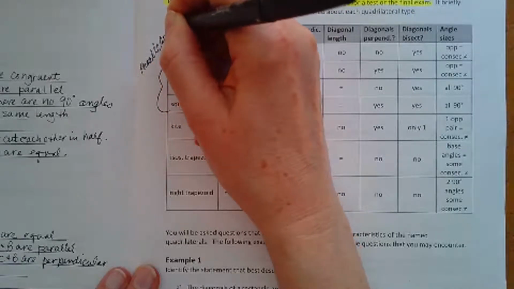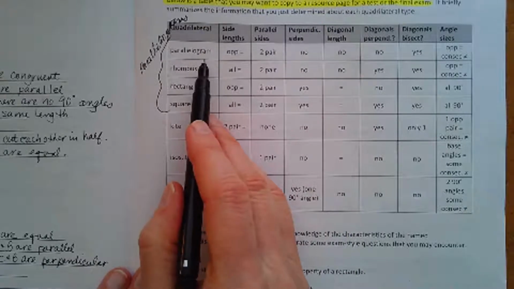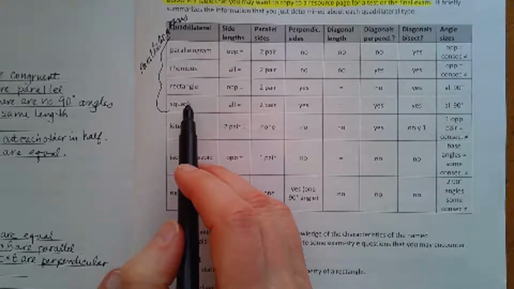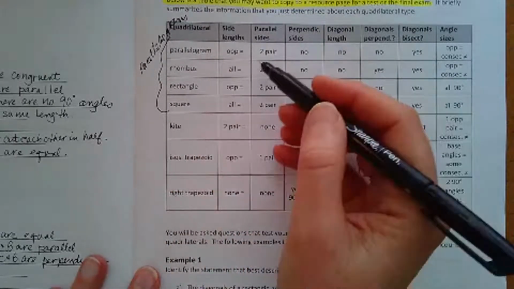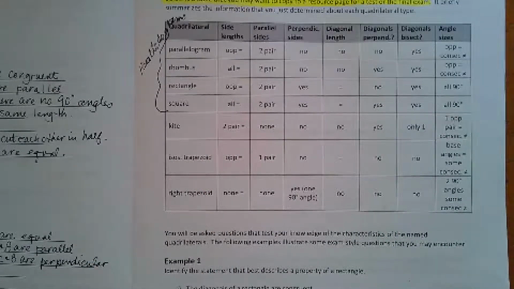This is just the regular parallelogram, and these are all special types of parallelogram. But the whole family is the family of four-sided shapes, quadrilaterals. So let's take a look at example 1.